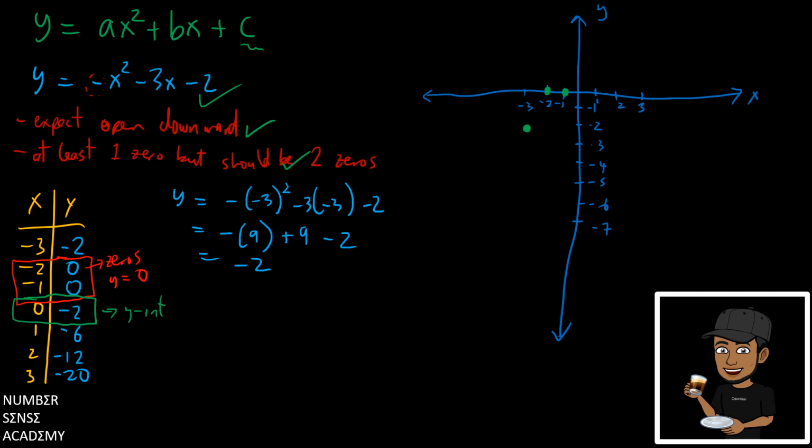Then 0, -2. Then 1, -6 is what I'd have if I added a -4 for x.